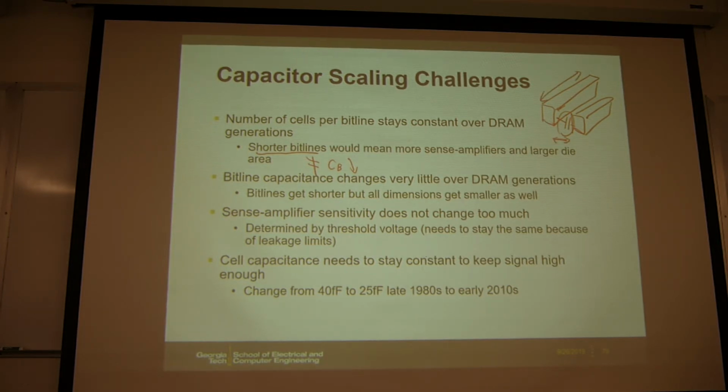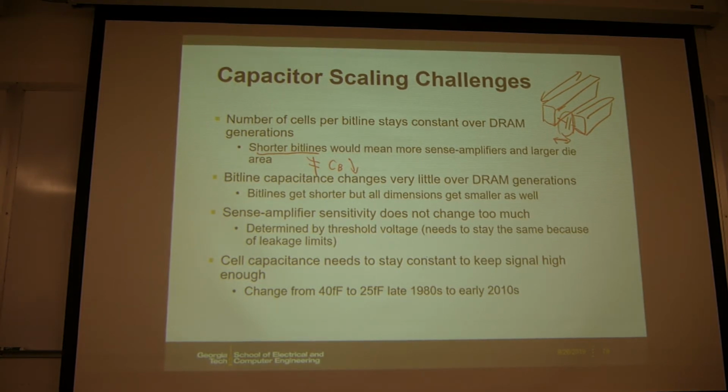So the bit line capacitance does not change over generations. So if bit line capacitance does not change, that means your CS should not change, because you want to maintain this ratio for the delta V.